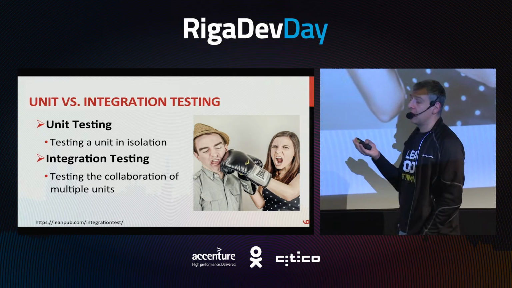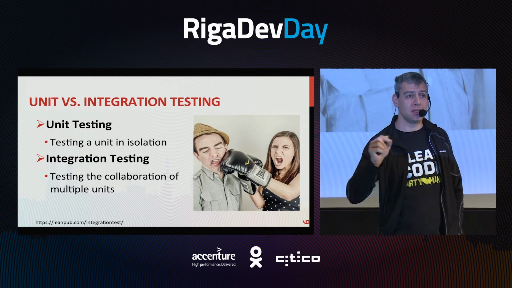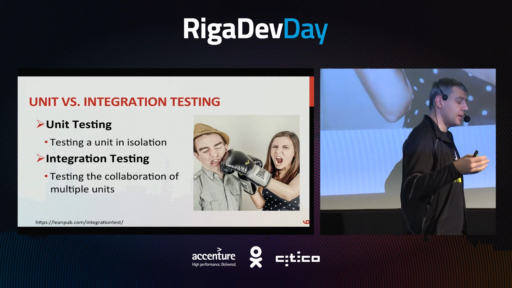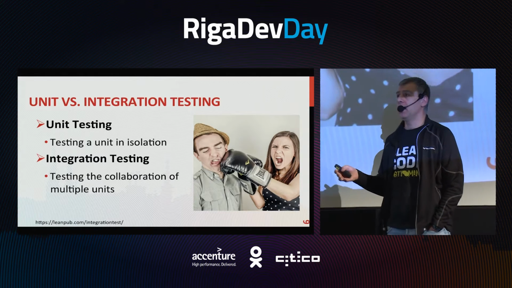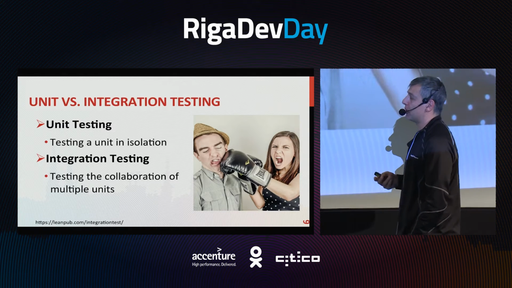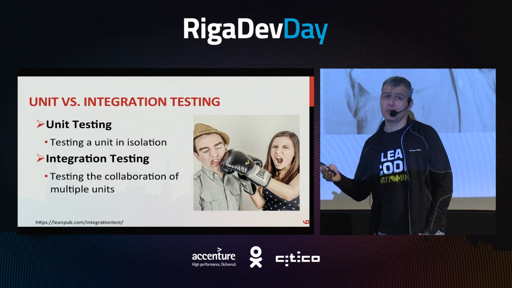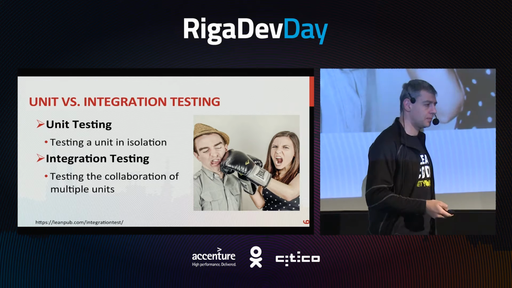The definition of unit testing is testing of a unit in isolation. So you try to isolate the class and you test it. You give input, you check the output, and thus you can check the behavior. Integration testing, in contrast, is just testing the collaboration of multiple units.